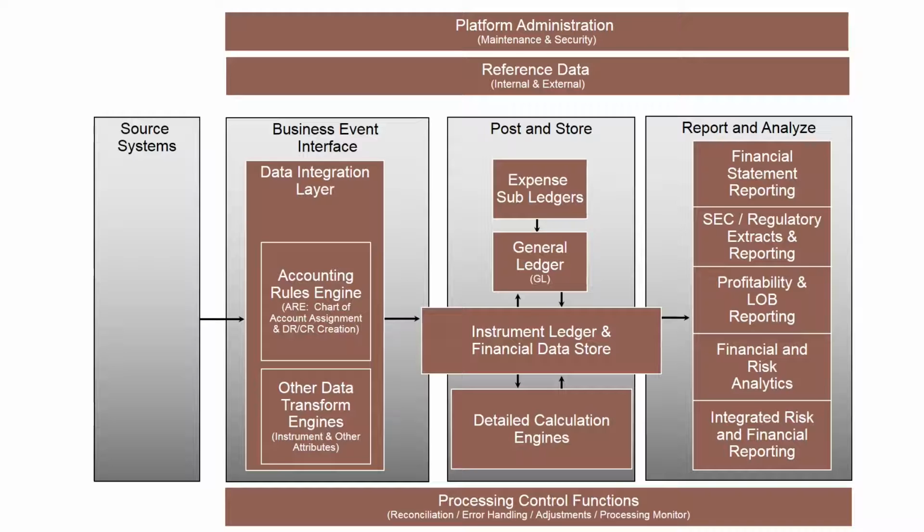area, or at a minimum in the business event capture area of the architecture picture, moving it out of the post and store process. It, like other processes, could simply capture business events, and all of the posting process could be consolidated into the instrument ledger.